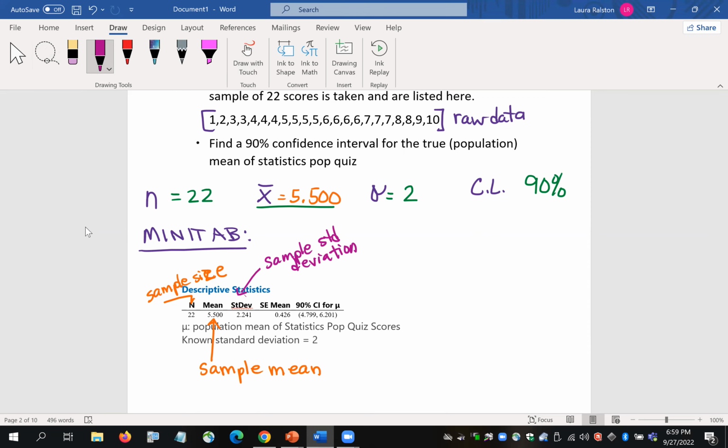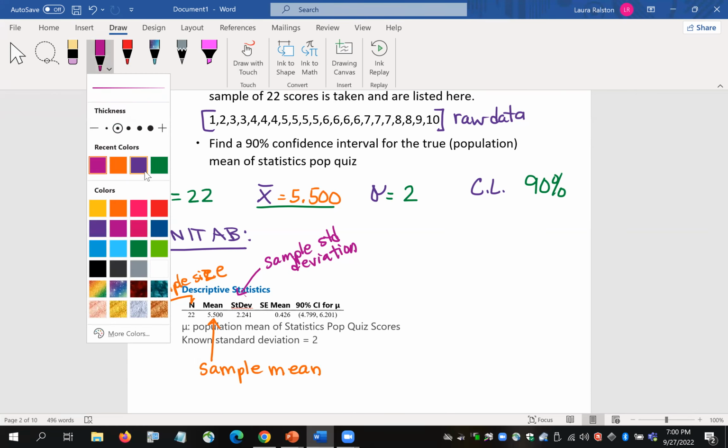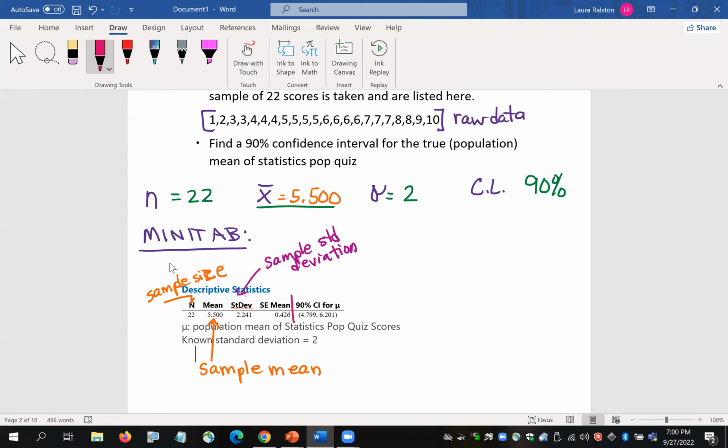And likely it will be because it's based on these 22 numbers. And then again at the end, it gives me my confidence interval. So I have my lower bound is 4.799. My upper bound is 6.201.